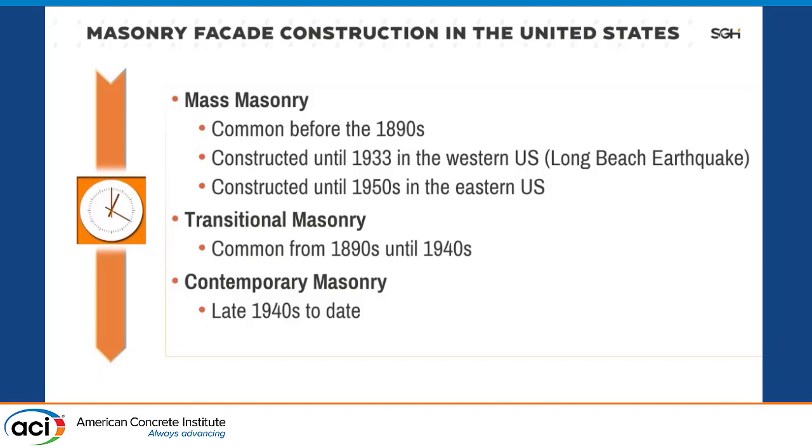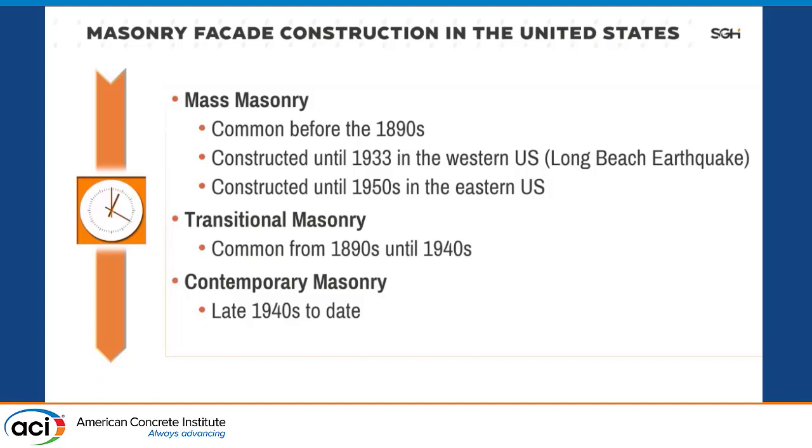It was constructed until 1933 in the western United States, until the Long Beach earthquake, which caused a lot of damage to unreinforced masonry. And it was constructed until the 1950s in the eastern United States.